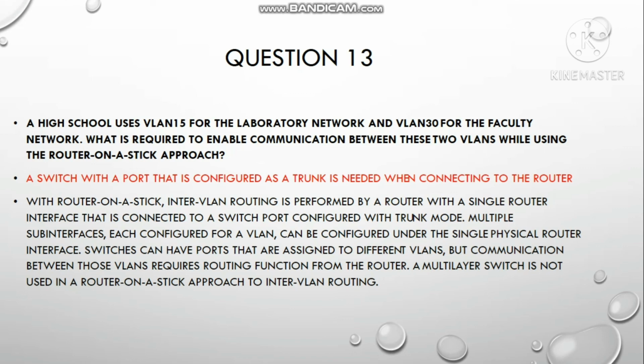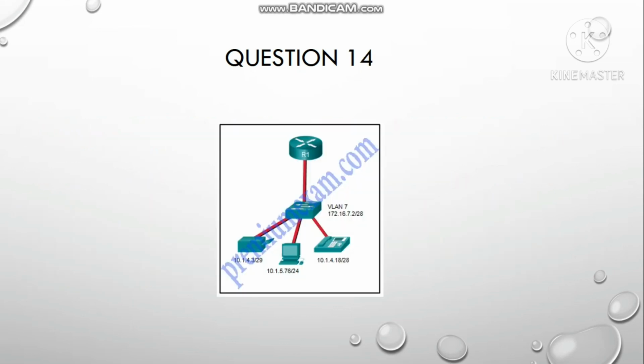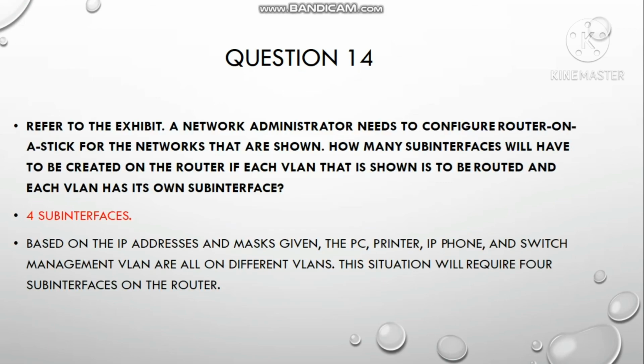Switches can have ports that are assigned to different VLANs, but communication between those VLANs requires routing function from the router. A multi-layer switch is not used in a router on a stick approach to inter-VLAN routing. Question 14. Refer to the exhibit. A network administrator needs to configure router on a stick for the networks that are shown.